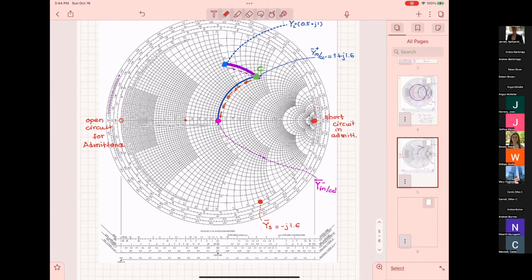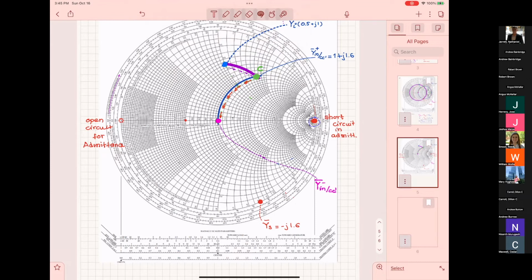Okay. All right. Now, always as practice, the left side or the right side will be the load of a stub, the end of the stub, open or short. If I assume that my stub is short-circuited, then to find minus J 1.6 as input, I'm going again from the short, the end of the stub, towards the source.